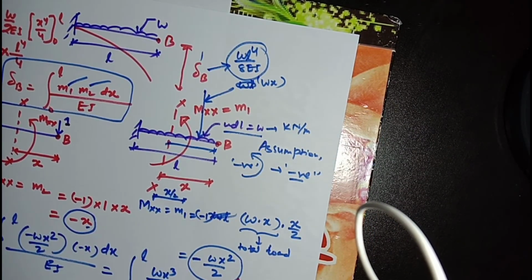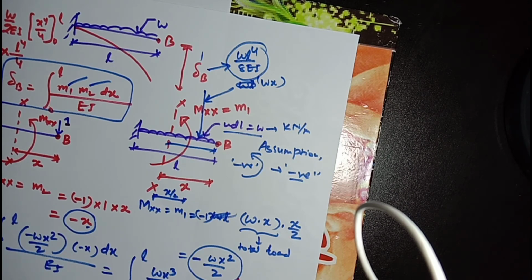Now we are done with the calculation for deflection at point B with the unit load method. In a later lecture, like lecture 3, we'll calculate the same deflection delta B for the same beam subjected to a UDL by other methods like the moment area method and conjugate beam method.